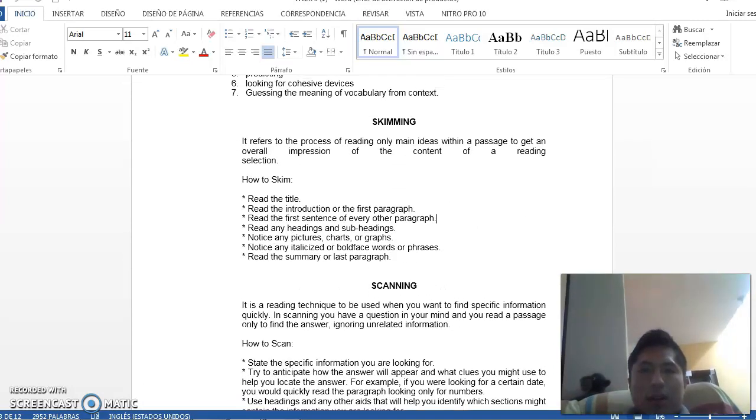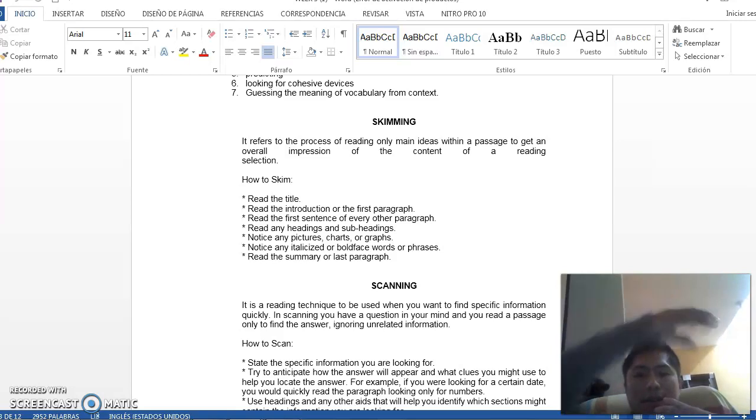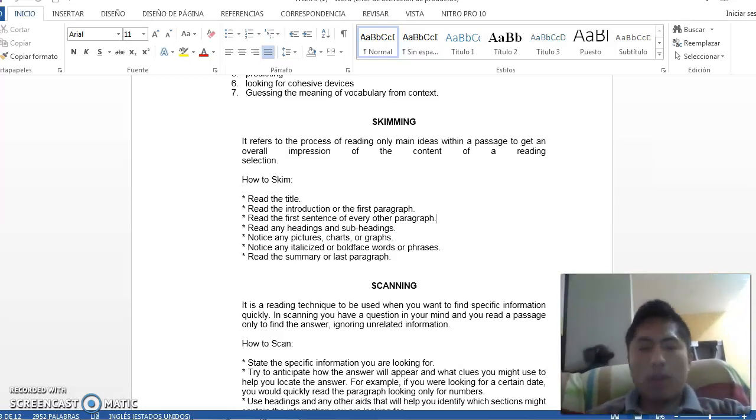So let's start. Skimming. You can read, of course, but the main idea here is this: main ideas. This is about skimming. It refers to the process of reading only main ideas, no more. And how to skim?